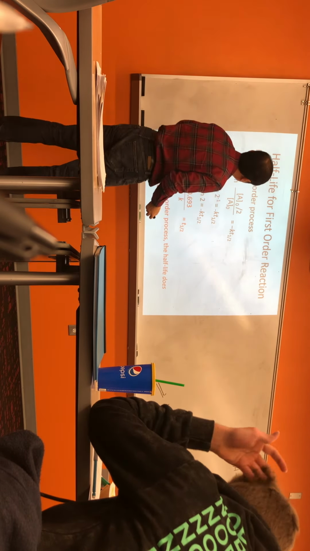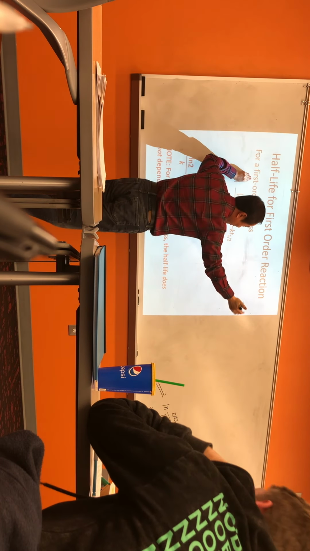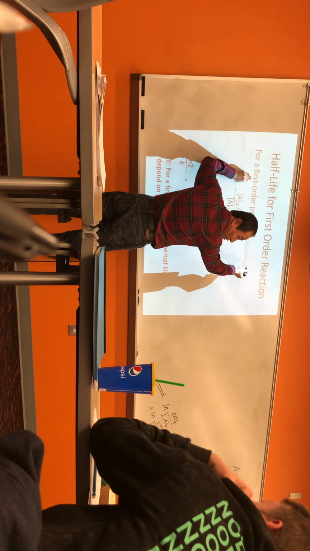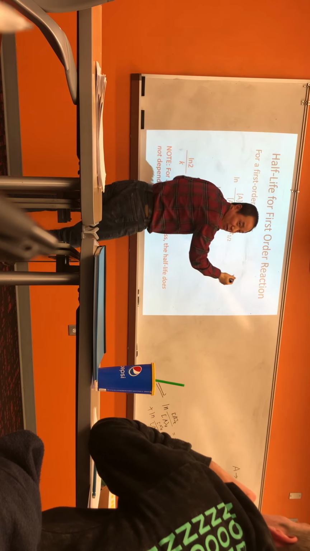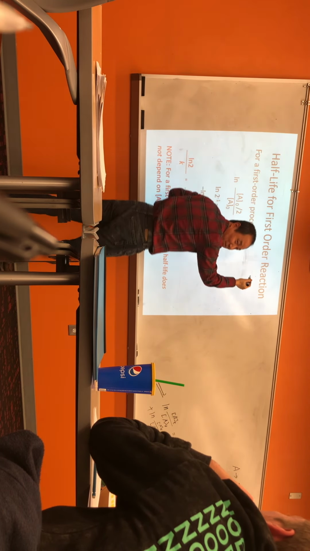For first order, you know the formula, the integrated rate law is in your head. So you have to write it. What's the integrated rate law? Do you remember? Not yet, right? ln At equals ln A0 minus kt.